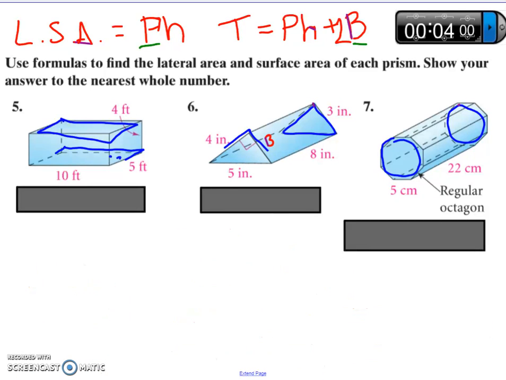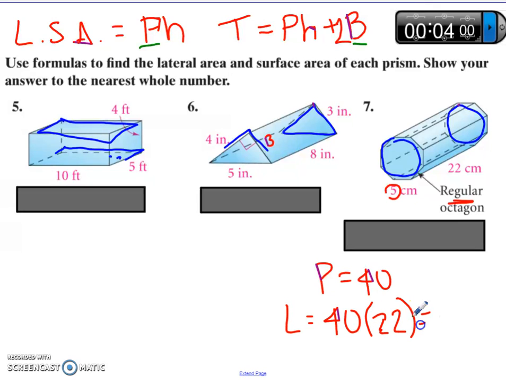The last one, the perimeter of the side is 5 and it's a regular octagon. That means all the sides are 5. So the perimeter is 40. So then for the lateral surface area, we have 40 times the height, 22. So that's 880. And then we need to add 2 times the area of the base. So this is a regular octagon.